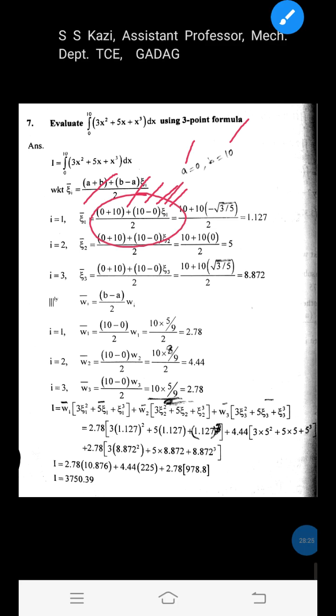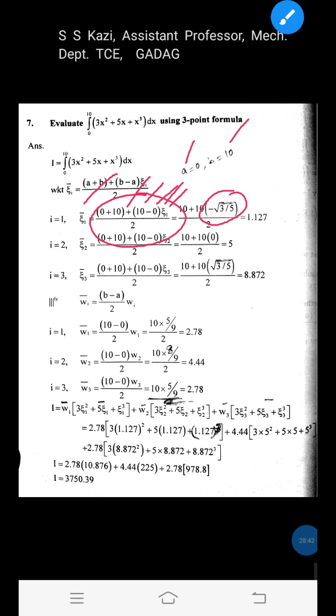What is zeta 1 for Gauss 3-point method? For Gauss 3-point method, zeta 1 is equal to minus root 3 by 5. Okay, you just go through my previous video, my dear students.